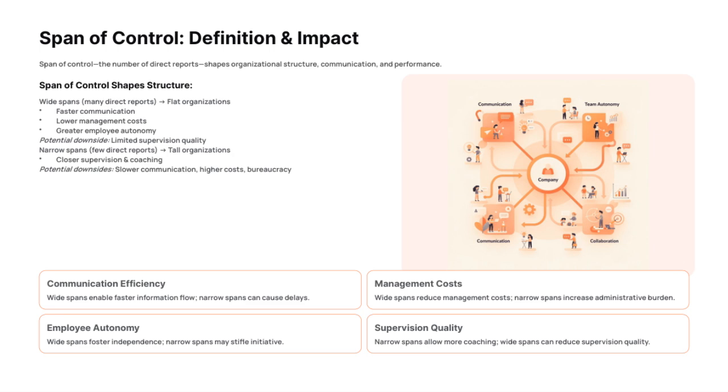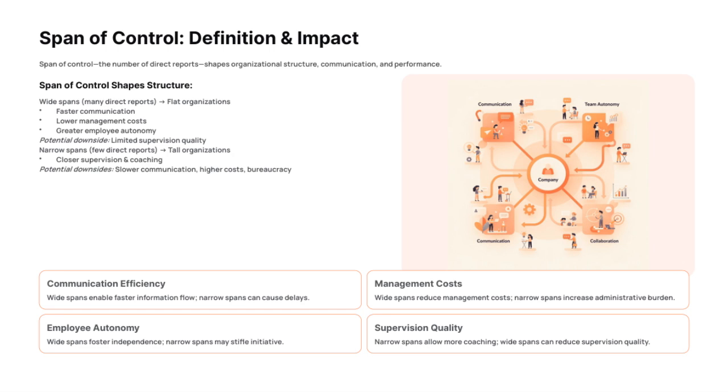Now, these span of control choices shape the overall organization structure. Wide spans typically lead to flatter organizations, which means fewer hierarchical levels, faster communication, lower management costs, and greater employee autonomy. But a potential downside is that supervision quality might suffer if managers aren't able to closely oversee everyone.